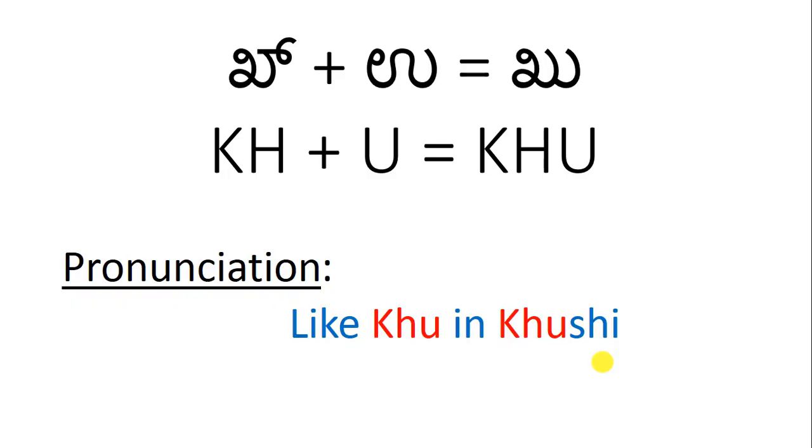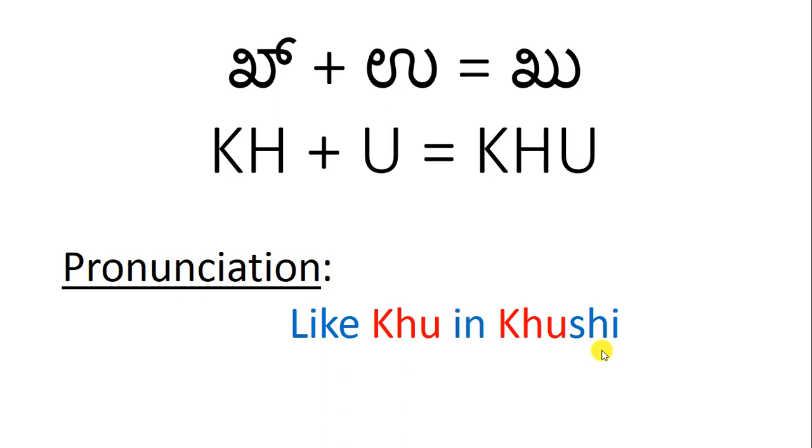The next sound is Khu. The way we get Khu is by adding u to Kh. Kh plus u will get you Khu. And the way we pronounce Khu is like Khu in Khushi.